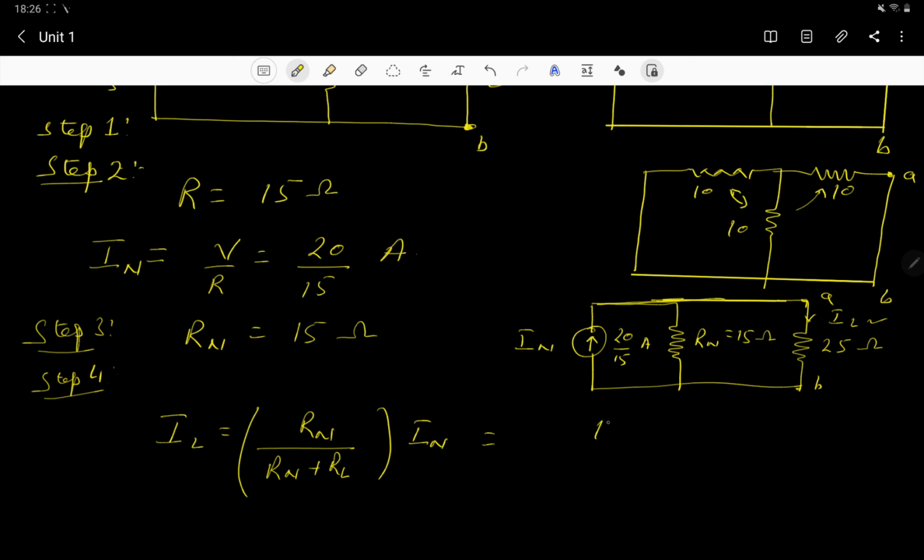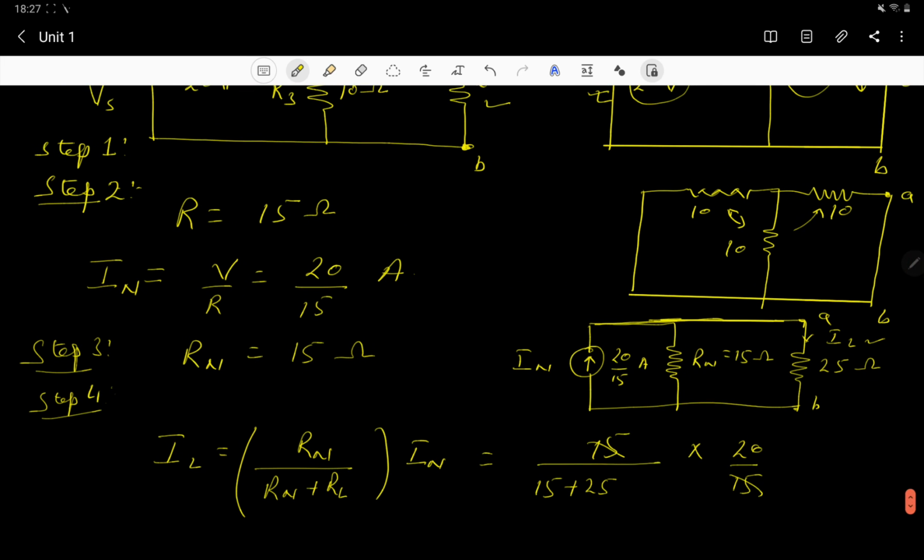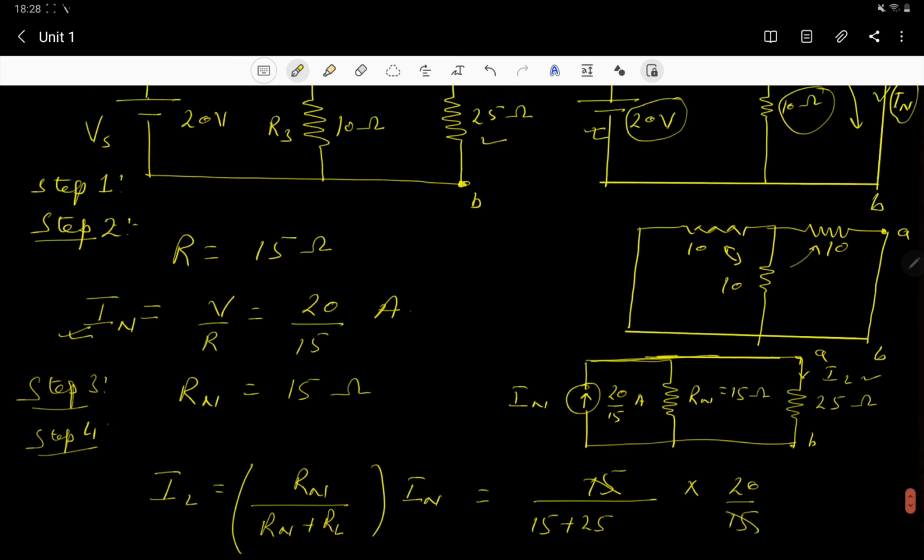Rn is 15 ohms divided by 15 ohms plus 25 ohms into the total current. Sorry, we have made one mistake over here. We have considered this as In, but this is not In, this is the total current. So let's try to resolve this problem.